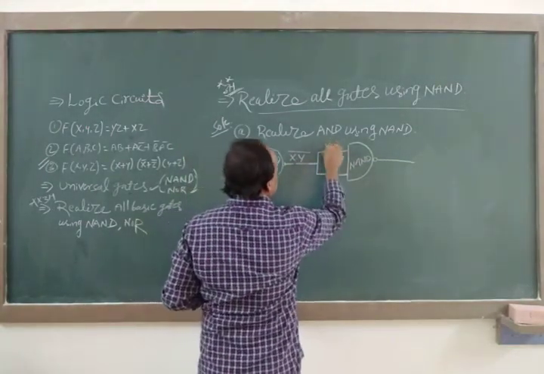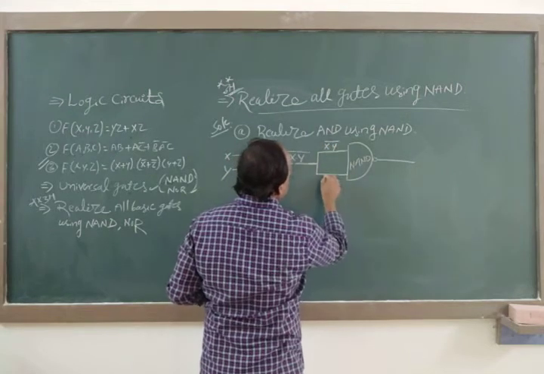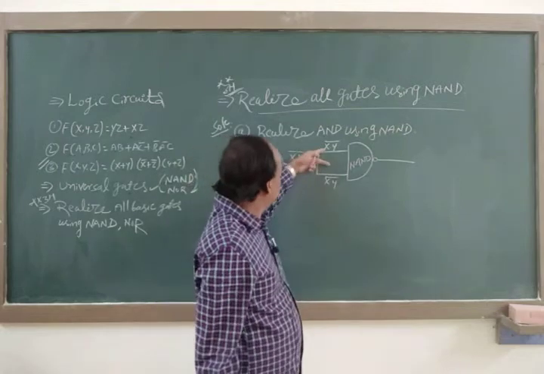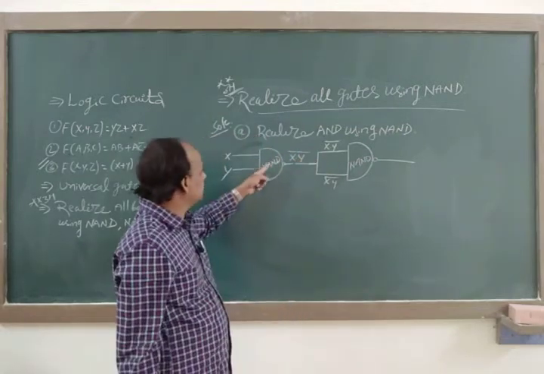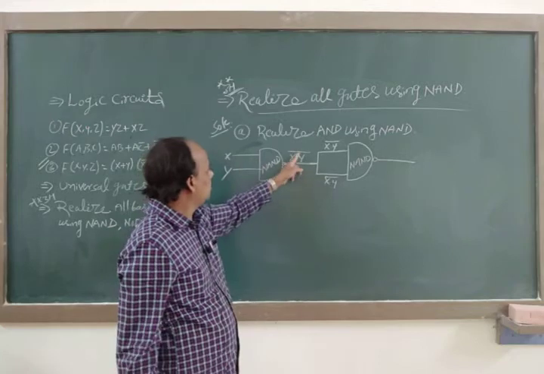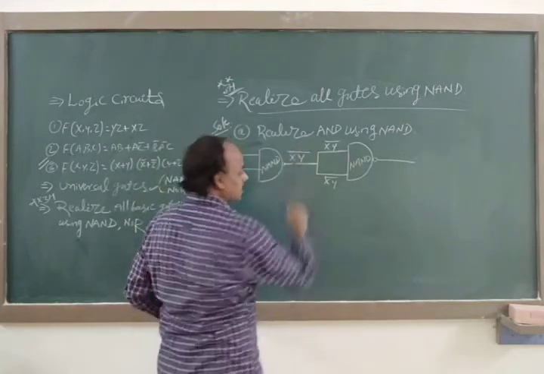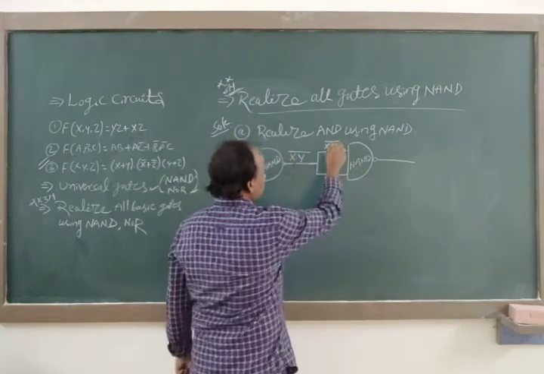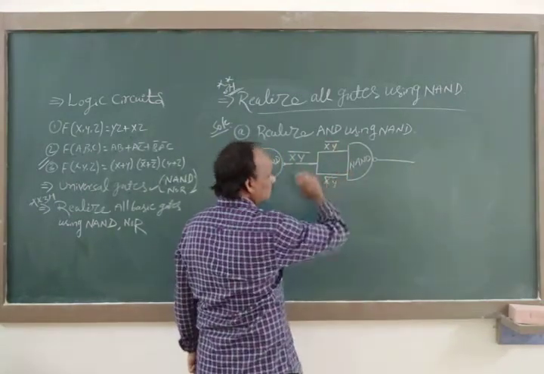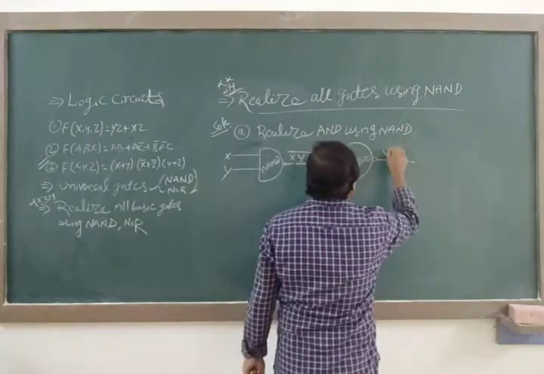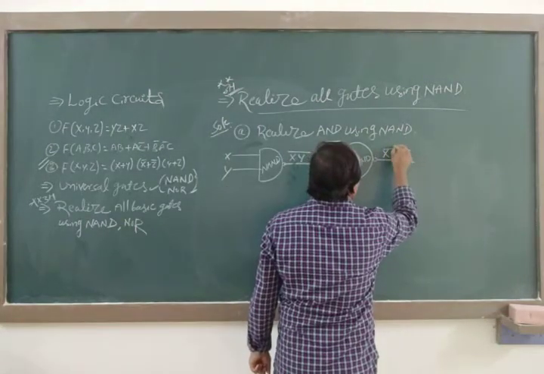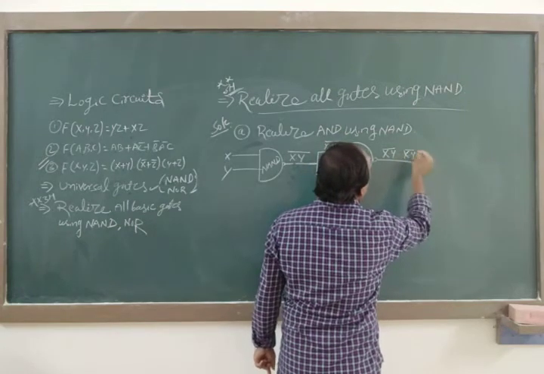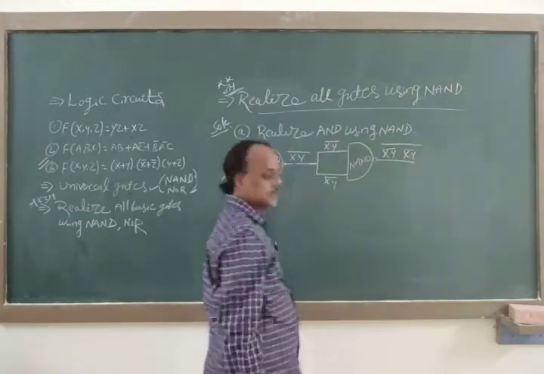From this side x into y bar is passing, from this side x into y bar is passing. When 2 inputs pass through a NAND gate we get their product whole bar, so it becomes x into y whole bar into x into y whole bar, whole bar.